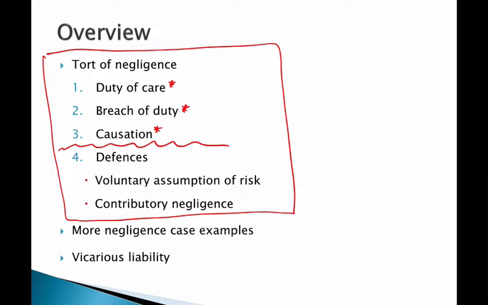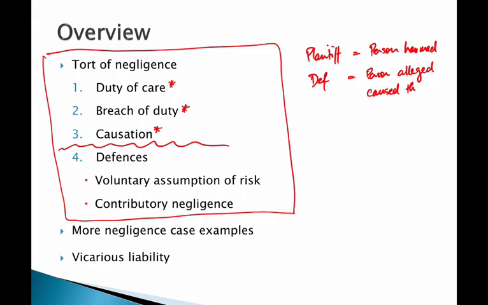Okay, so a couple of things to wrap our head around. The plaintiff is the person who is bringing the action. So at first instance, they're going to be the person who is alleging that they were harmed by the action of the other person. The defendant, right, they'll be defending the action, and they'll be the person who it's alleged has caused the harm.